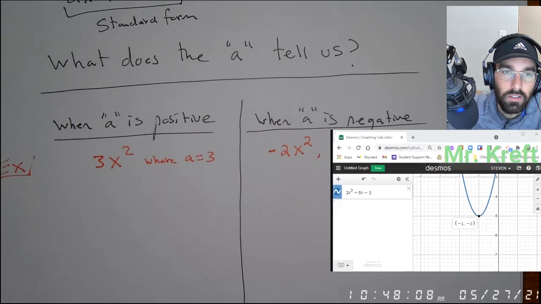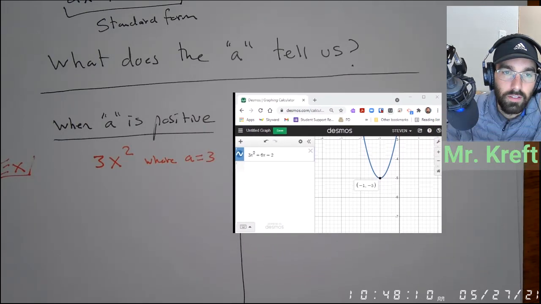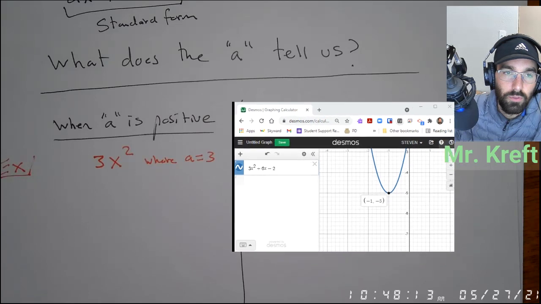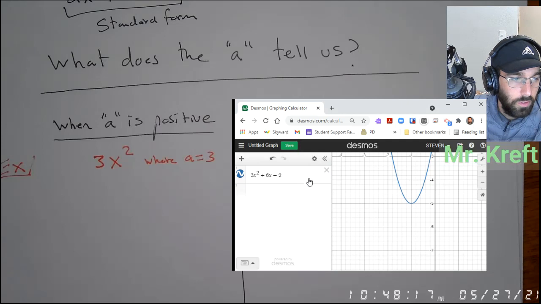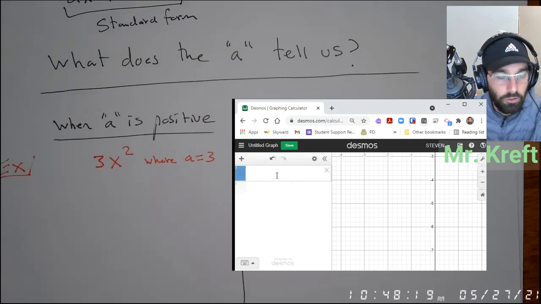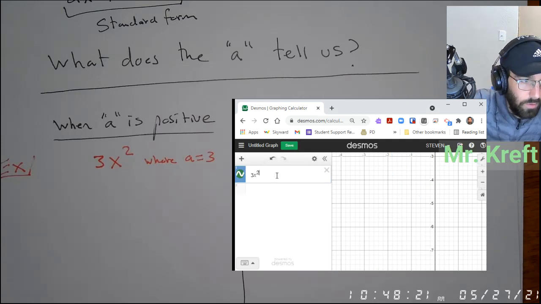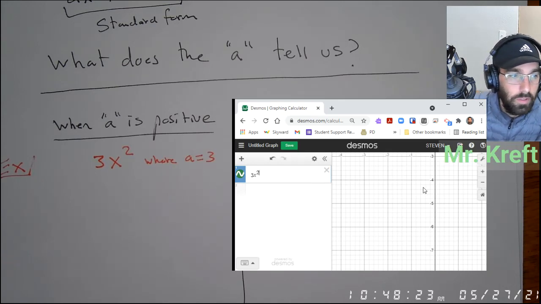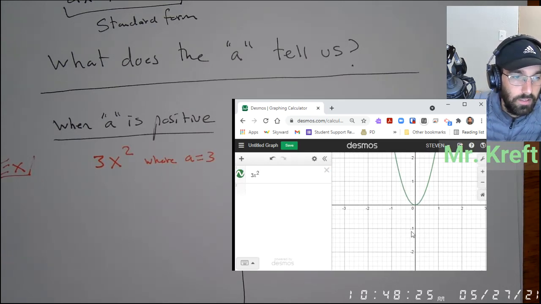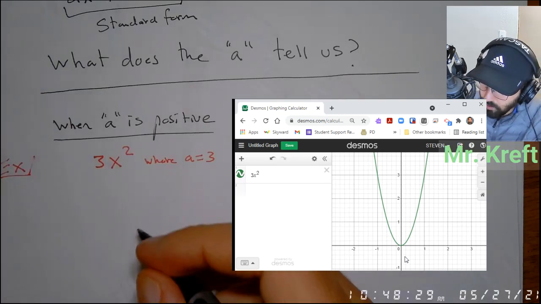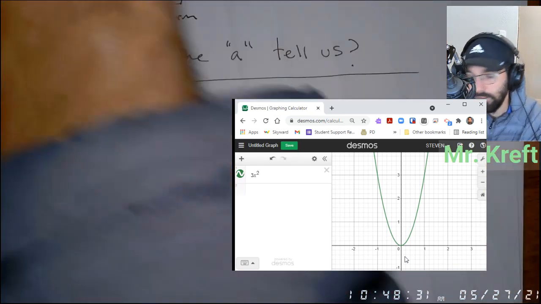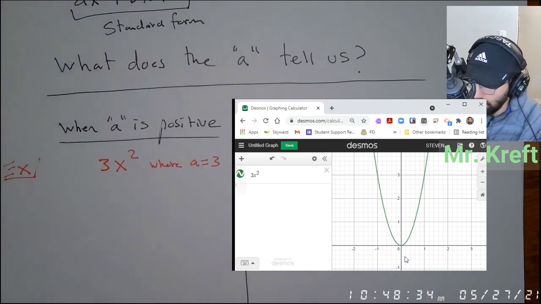So let's take a look at our first one and see what happens. We're going to do the positive one first. So I'm going to clear this out and try 3x squared. There we go. So I have 3x squared. I'm going to quickly sketch a graph of this into my notes.